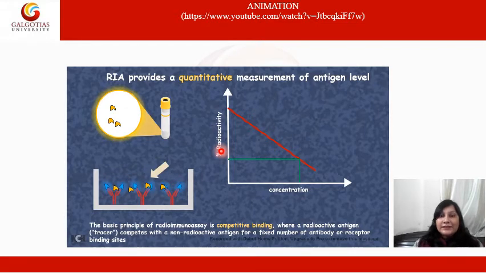We will add the serum that has the probability to have antigen A. Now the same thing will be observed if the serum sample has antigen A. This antigen will again replace the labeled antigen, and this will cause a decrease in the radioactivity of the microtiter plate. In each and every case, we have to take the microtiter plate of 100% radioactivity.